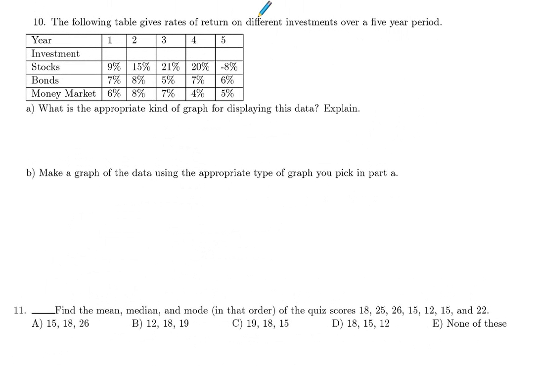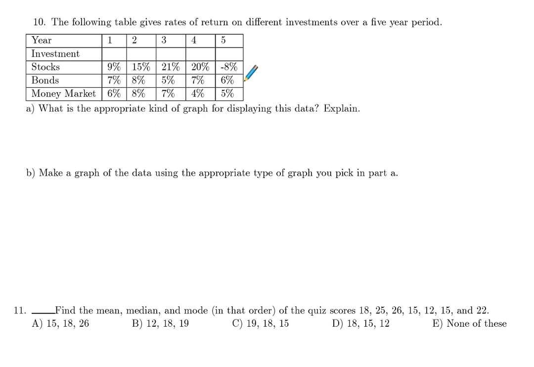Alright, next we are given a table summary, and these are rates of return for different investments over a 5-year period. So here are the years up here, and then the investments in stocks, bonds, and money market funds. They want to know what's the appropriate kind of graph for displaying the data, and to explain.